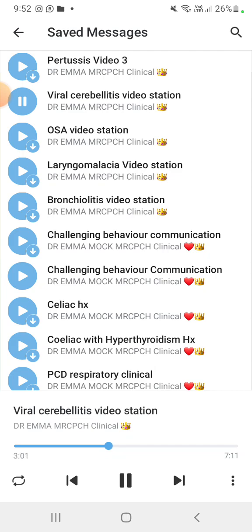What examination do we do? Yes, we will do the general examination, vital signs, skin survey, and examination of the gait, tone, power, reflexes. Is there any tremor, dysdiadochokinesia, dysarthria present or not?